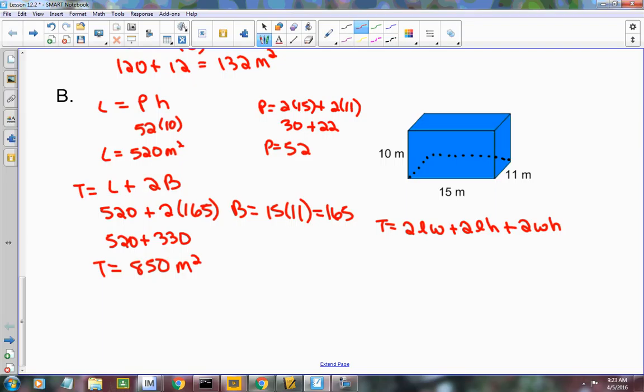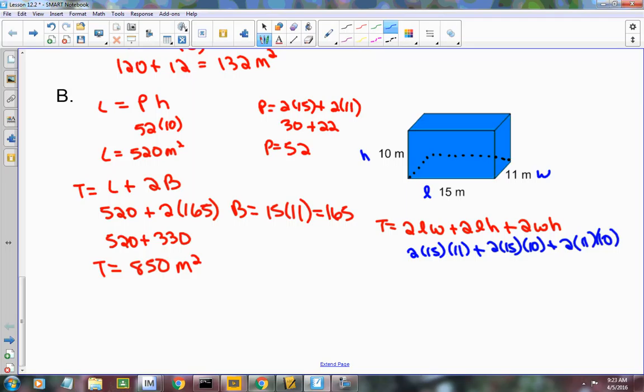Any questions on what I did there? Now, before I go on, let me show you this other formula. Okay? If you want to use this, and you just need the total surface area, you need to identify the length, the width, and the height, and you can plug it all in. So this would be 2 times 15 times 11 plus 2 times 15 times 10 plus 2 times 11 times 10.